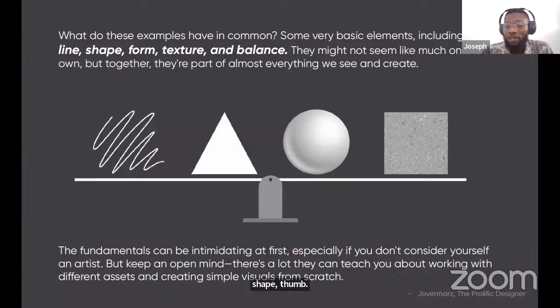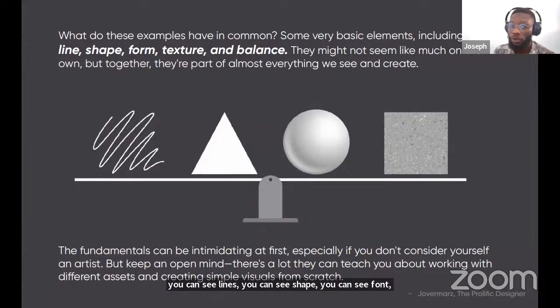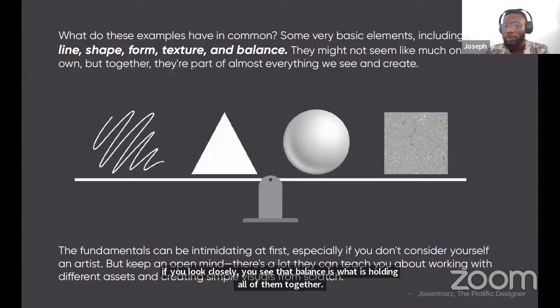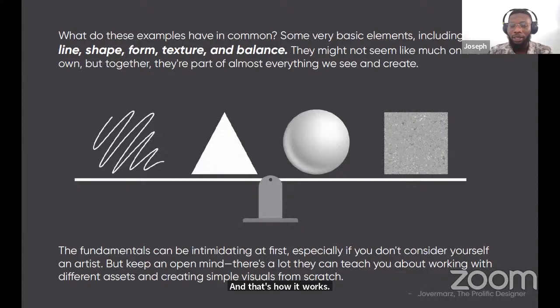And this image is quite interesting because I showed you here that you can see lines, you can see shape, you can see form, you can see texture, but you can't see balance. But if you look closely, you see that balance is what is holding all of them together. And that's how it works. Remember, I mentioned balance from the principles. So we have balance over here again.